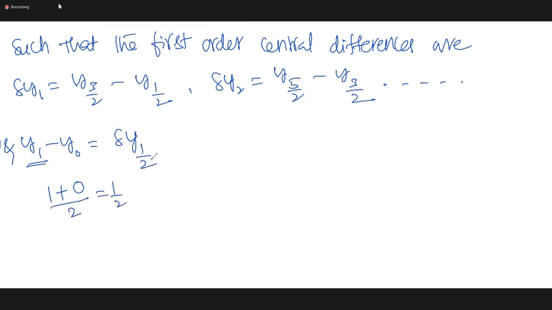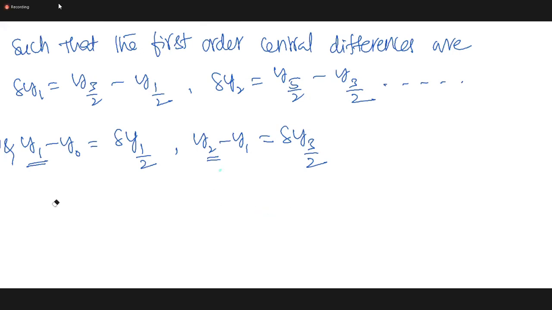So this is delta y 1 by 2. These are also central differences. Next, y2 minus y1: the first term suffix is 2, second term suffix 1, average 2 plus 1 by 2, that is 3 by 2. So this is delta y 3 by 2.